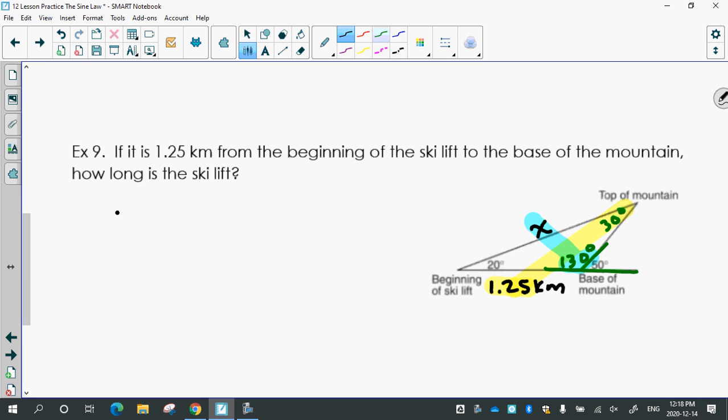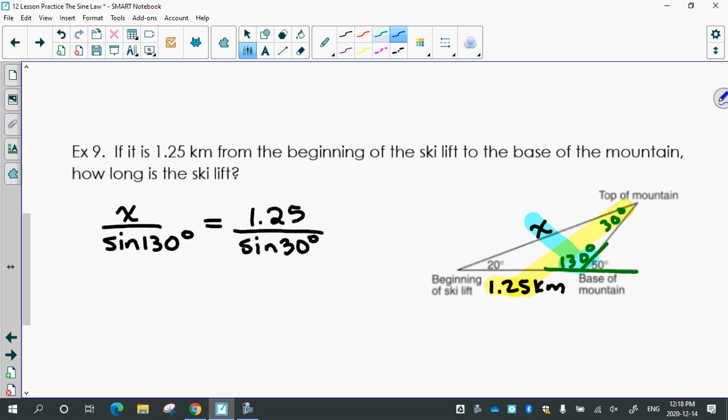So it's x divided by the sine of 130 is equal to side on top, 1.25, divided by the sine of 30. And then I want to get x by itself, so I have to multiply both sides by the sine of 130 degrees.